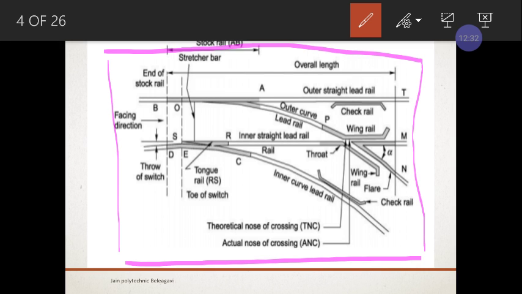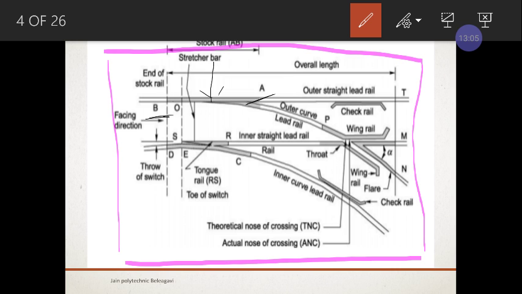Can you see this part, B and A, the length between A and B? That is called the stock rail. The main rail or the main track, as I showed in the diagram, the portion from the start of the branch to the end of the branch.